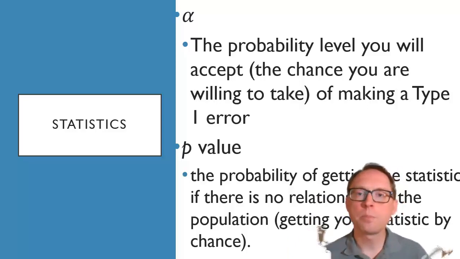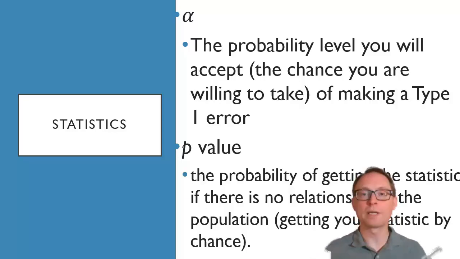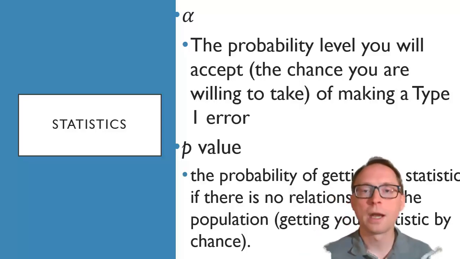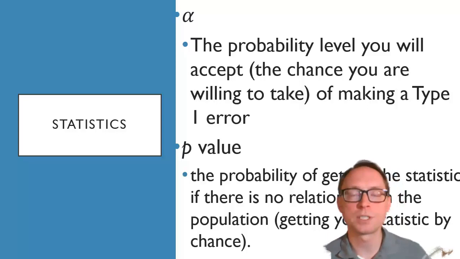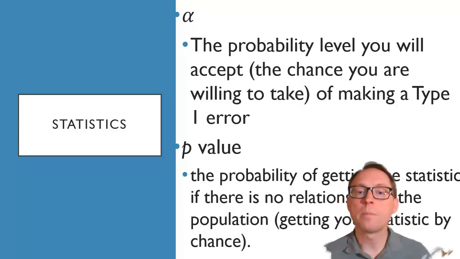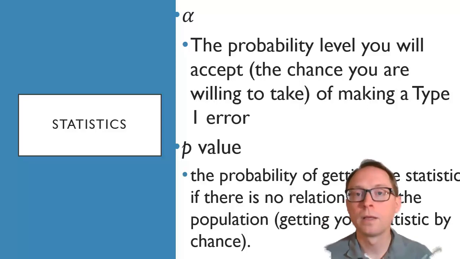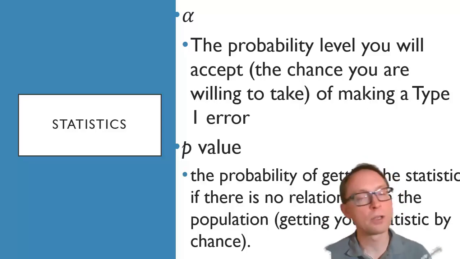The p-value is the probability of getting the statistic when there's no relationship in the population. So the p-value, let's say that I ran my statistic about glasses and hotness, and I got the statistic of 58.75. There would be a p-value, a probability of getting 58.75 if glasses had nothing to do with hotness.